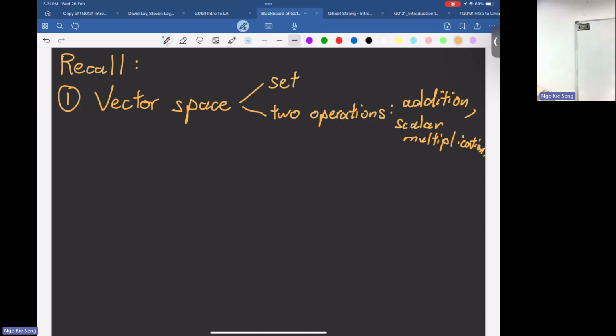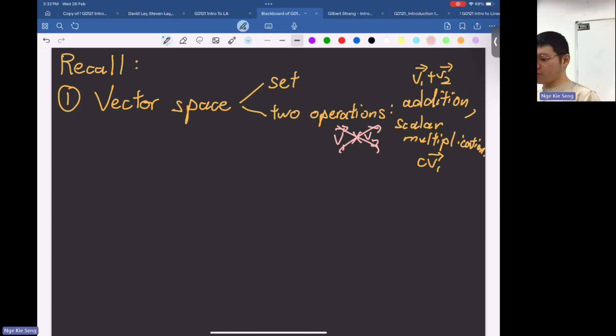We cannot multiply two vector elements together. There's no v1 times v2. But we know how to multiply by a number, a scalar. So if I want to record these two, maybe I write v1 plus v2 and then c v1. These are the two things we can do. We cannot do something like v1 times v2, although in a later course we will learn how to define a product between two vectors.